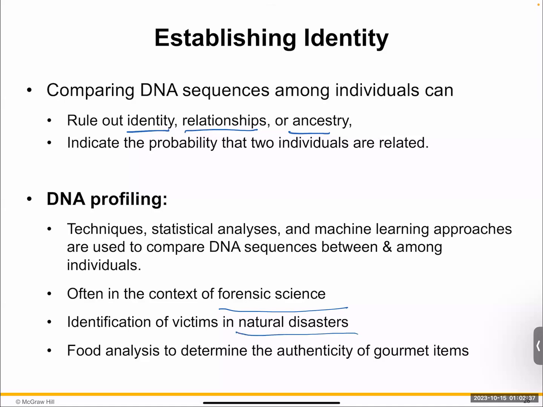Also identification of victims of natural disasters, finding better food, right? Creating GMO, or genetically modified, food, or even identifying if the food you're eating is authentic. So things like caviar, are they actually coming from fish that have that lineage that gives you that good high quality food?